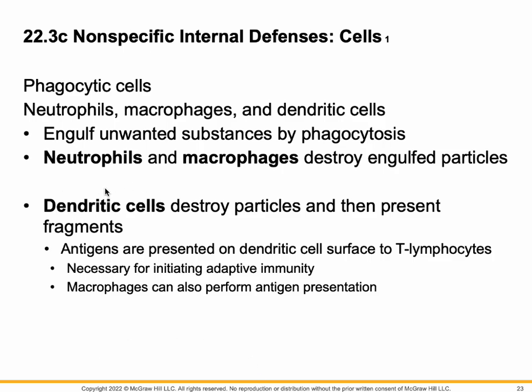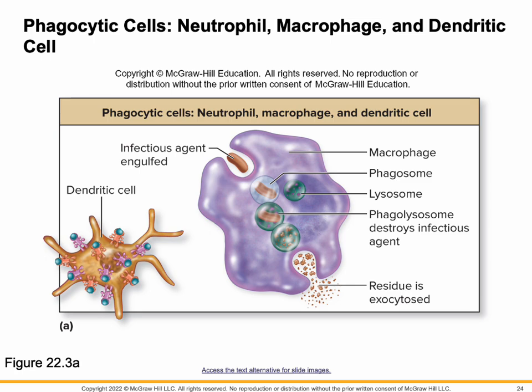So these dendritic cells are an example. These are antigen presenting cells that will engulf a pathogen and then present a portion of that pathogen, essentially the antigen, if you will, to our specific immune system, so to our T cells, right? So this is necessary for initiating adaptive immunity, right? Adaptive immunity being the specific immune system, our adaptive or our acquired immune system, right? So we'll have separate lectures and separate discussions specifically on the adaptive side of the immune system, right?